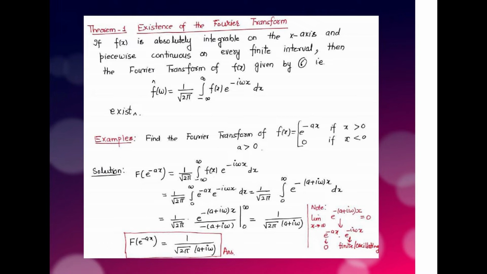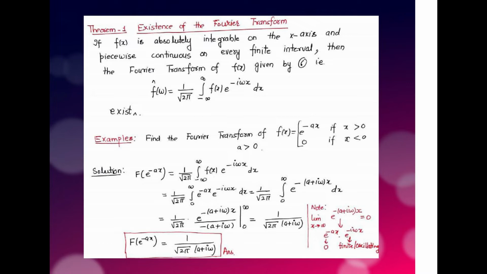So the Fourier transform of e raised to power minus ax is 1 upon root 2 pi integration from minus infinity to plus infinity. When you substitute the value of the function, your function is 0 from minus infinity to 0.